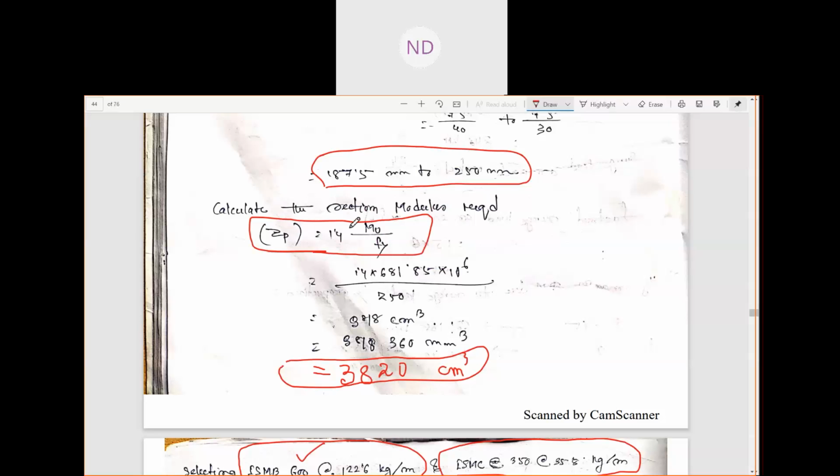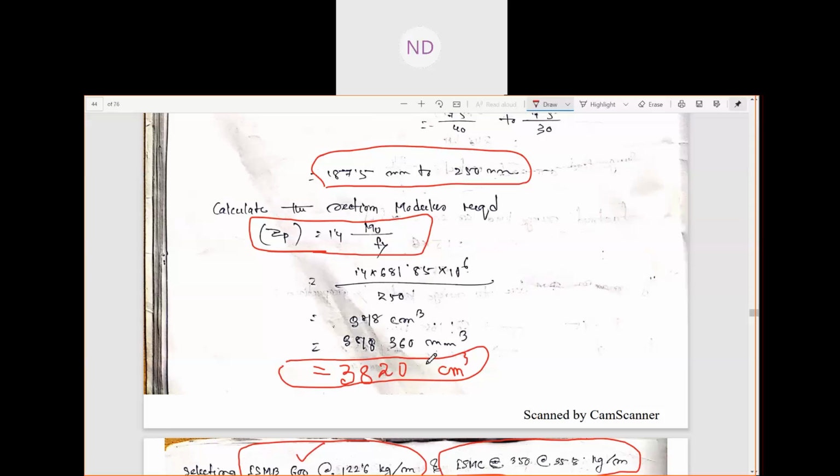Okay, so this is the section modulus which we have calculated. That means this much section modulus is the minimum value, whatever depth of the channel section and whatever I section you are using.